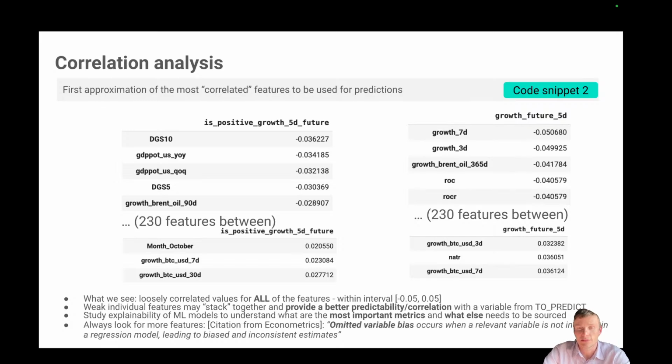Statisticians and econometricians researched this, and they said that if there is something relevant and important, and you don't include it in the set of features, you may have, or you almost definitely have, some bias in estimates and in confidence intervals, basically in the results of your model.